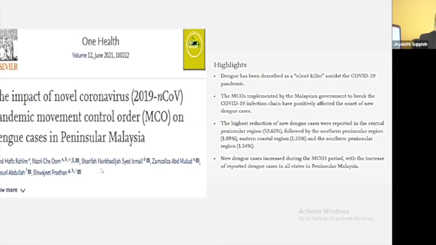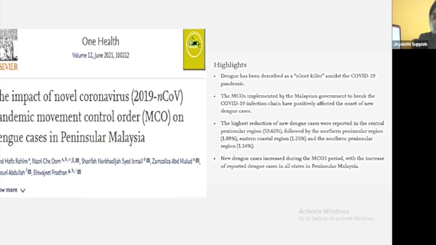This paper captured some interesting findings: they noticed that the implementation of the MCO, which is supposed to break the COVID-19 infection chain, also had some positive effect on the onset of dengue cases. The highest reduction of new dengue cases was reported in the central peninsular region, followed by the northern peninsula and eastern coastal region.